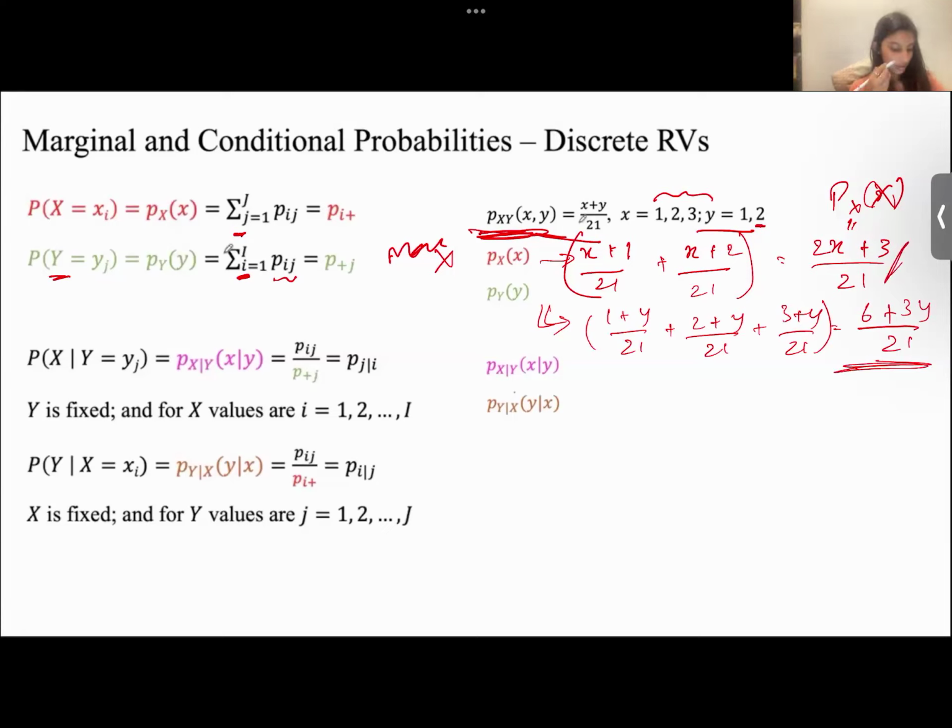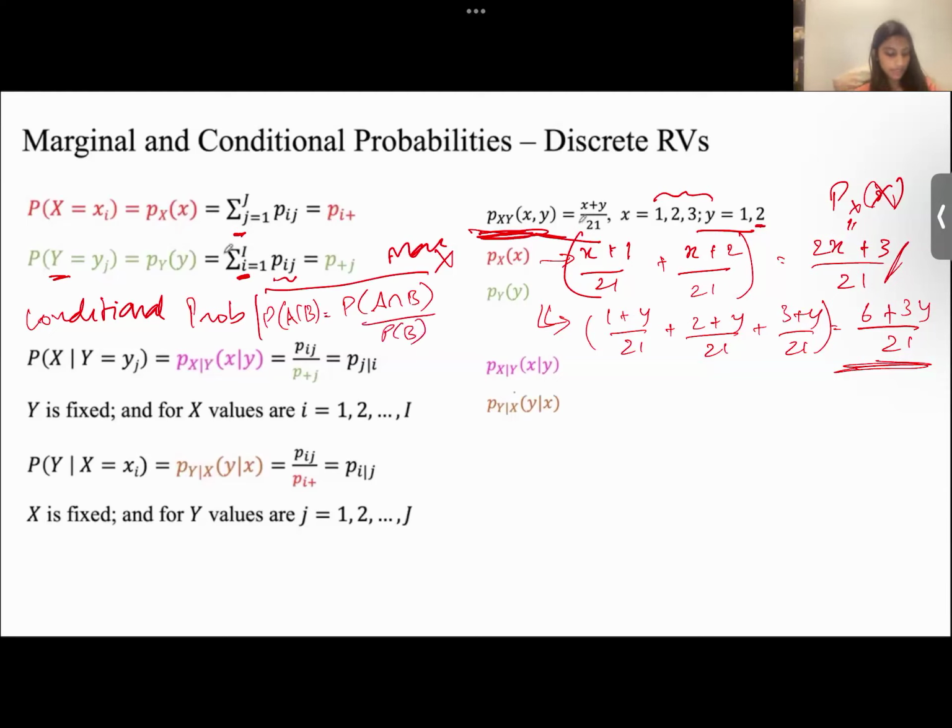Now the next thing here is conditional probability. If you remember, for P of A given B, you would write P of A intersection B divided by P of B. This is similar here.